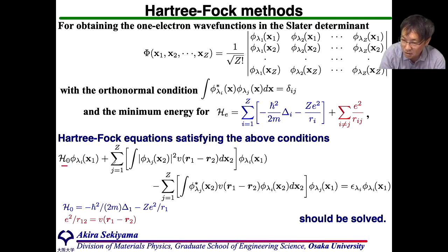This line is for phi lambda I, state lambda I, coordinate x1. On the right side of this formula is the energy of the state lambda I electron, and the function is this one. But in this term, the wave function for the other state lambda j, and lambda I is in this integral.